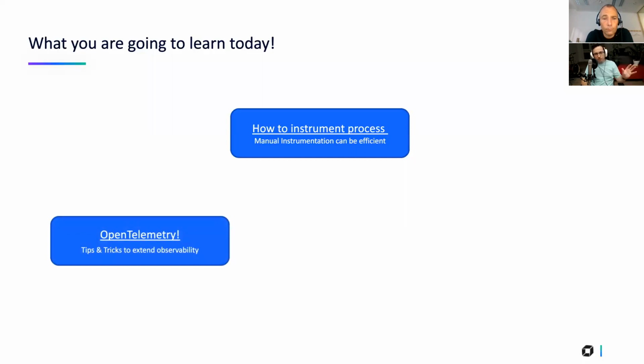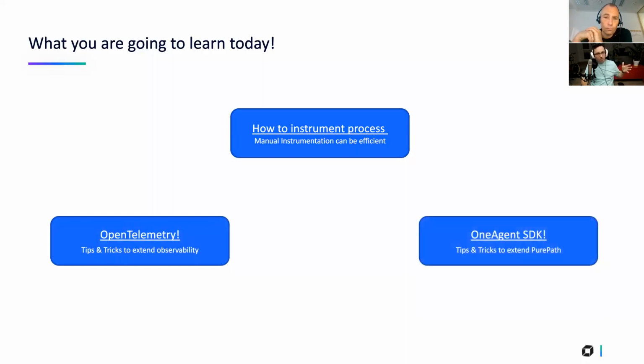And from the technical point of view, if you know what you want to do, it doesn't matter if you use OpenTelemetry or OneAgent SDK for C or other SDKs for other technologies if available, because the whole instrumentation process will look exactly the same. You need to be at the same points in your code. You need to think about the same data you want to collect.